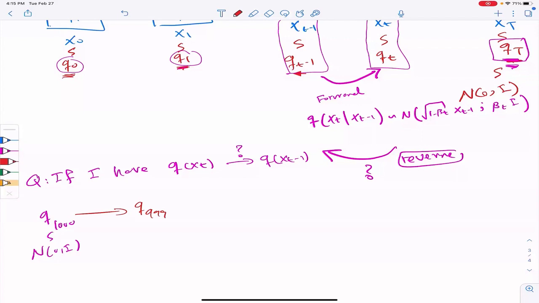And recursively, I could generate Q998, up until Q0. And there you go. You hit Q0, you have the distribution of your original data.